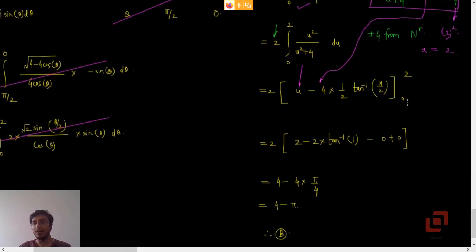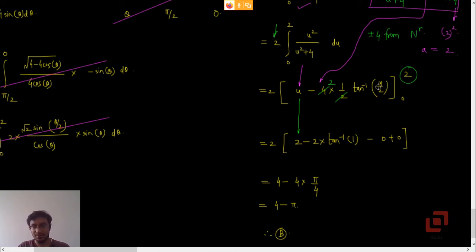What remains to be done is the substitution of the limits. Upper limit is 2. Substitute 2 everywhere. U is 2 minus 2 into tan inverse of u upon 2, with upper limit on u being 2 and lower limit 0.